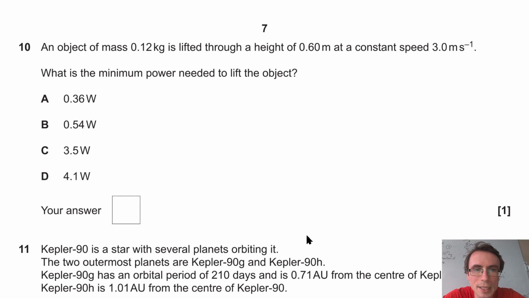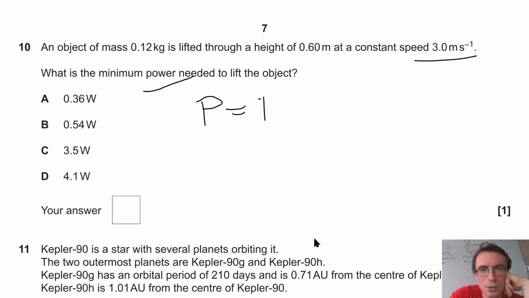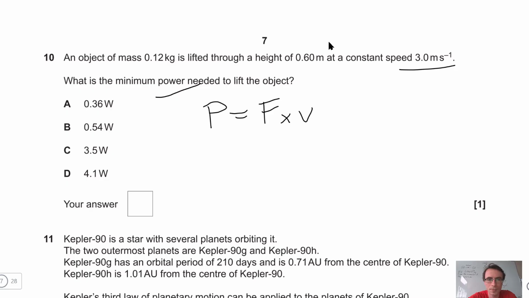Okay, question 10. An object of mass 0.12 kg is lifted through a height of 0.6 meters at a constant speed of 3 meters per second. What is the minimum power to lift the object? Anytime I see power and I see speed, we can use that power is equal to force times velocity. So the force will just be essentially the weight.